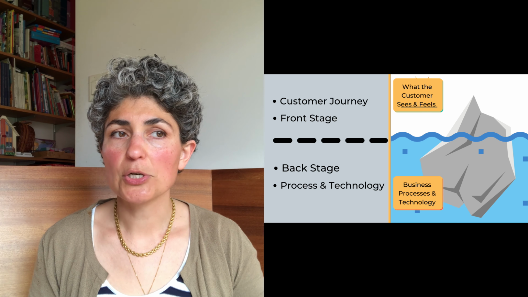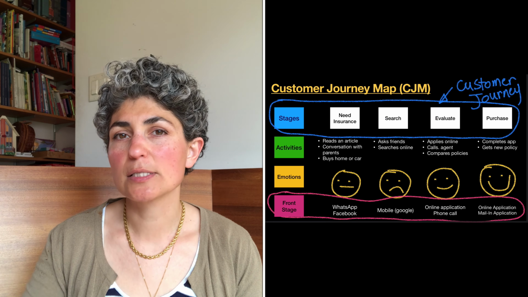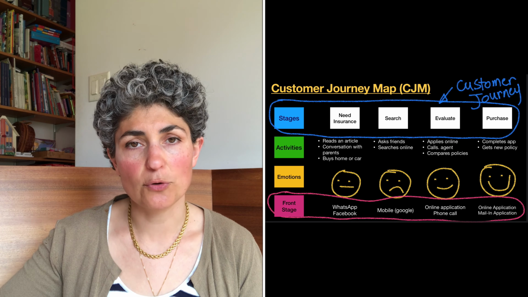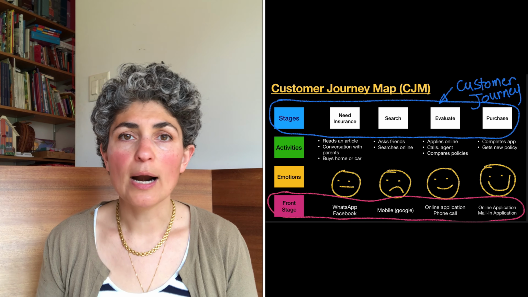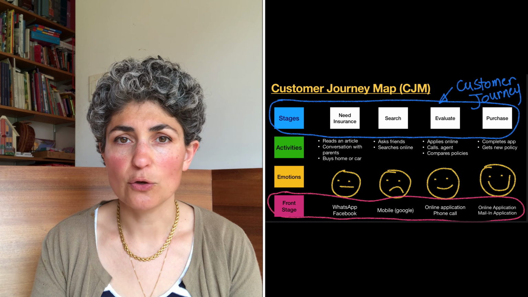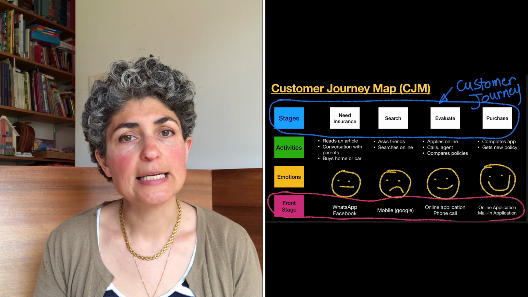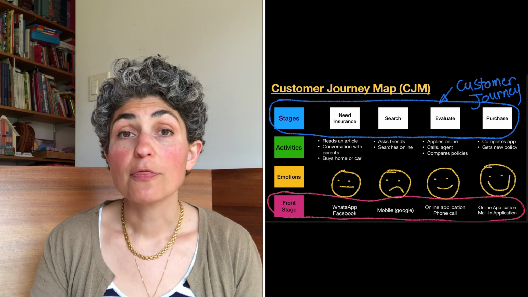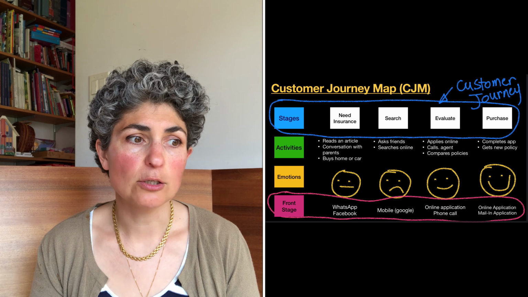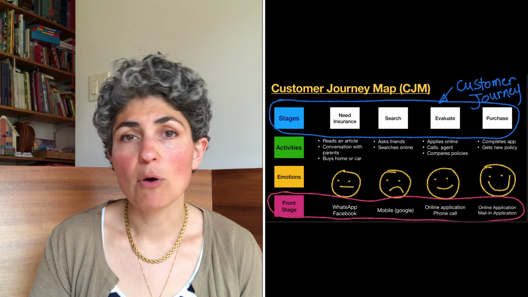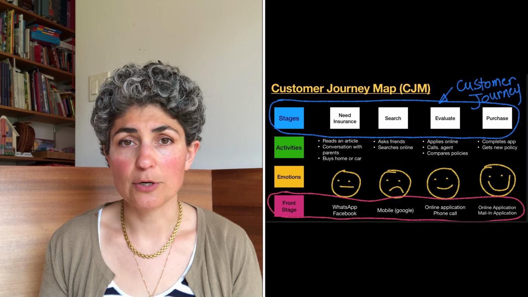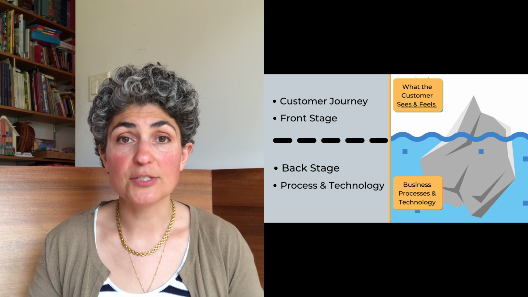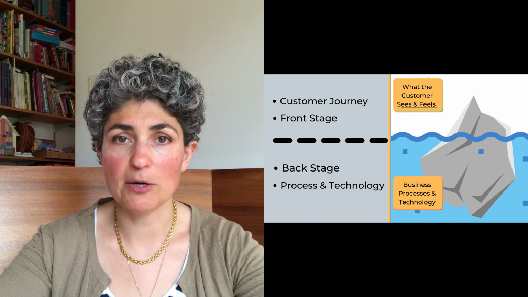So the customer journey is around the major milestones or stages that they're going through in order to complete a purchase or a transaction or request with you. And front stage is the methods by which they are interfacing with you. Are they using the app on a mobile device, or are they coming into a branch or using a call center? And that's what the customer actually sees and experiences.